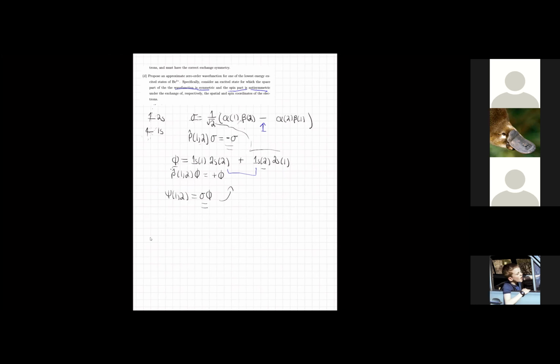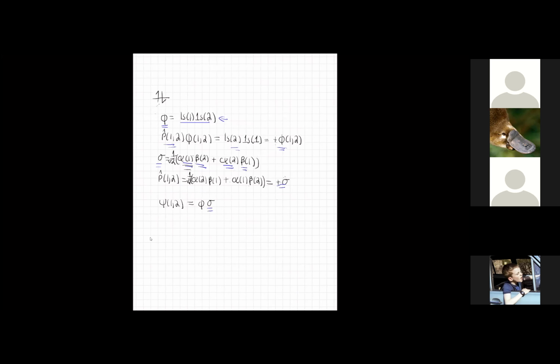Each term represents: electron 1 is in the 1s orbital and electron 2 is in the 2s orbital. Then we add another possibility: electron 2 is now in the 1s orbital and electron 1 is in the 2s orbital. Make sense? Yeah. Can you go back to the last page?